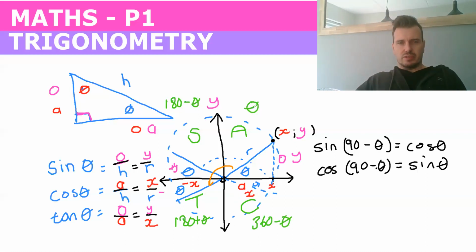So this is just what you need to remember. We'll go into how we use this later. But just remember that you've got your CAST diagram, your trig ratios, and your theta, 180 minus theta, 180 plus theta, and 360 minus theta. And knowing these quadrants and learning this will help you a lot in your trigonometry.